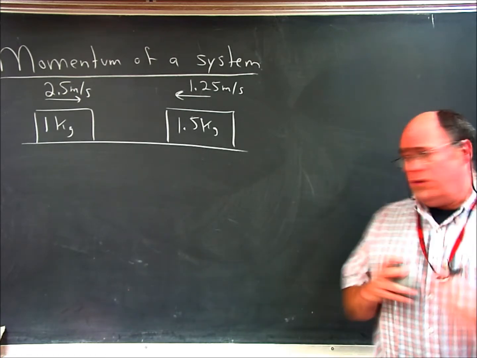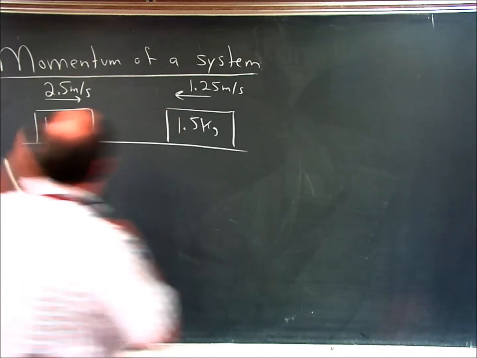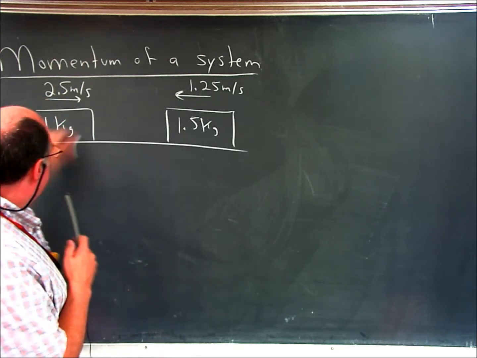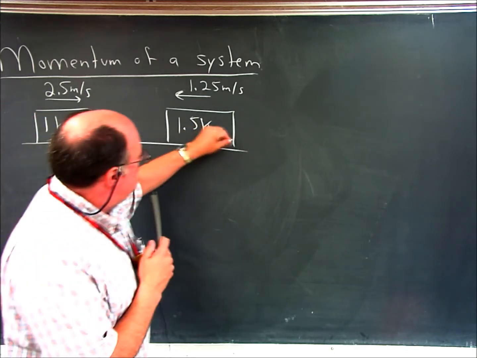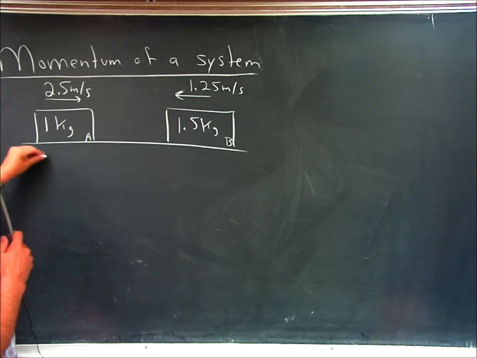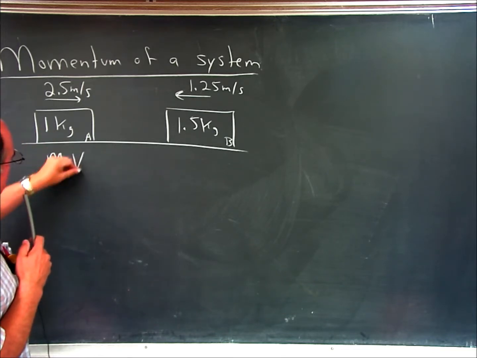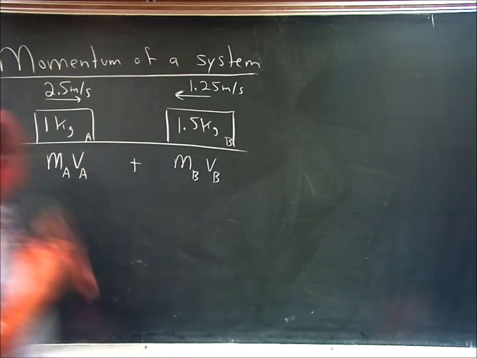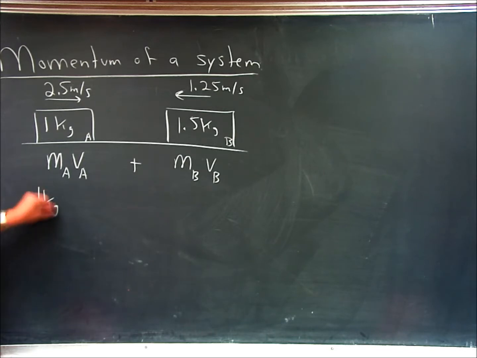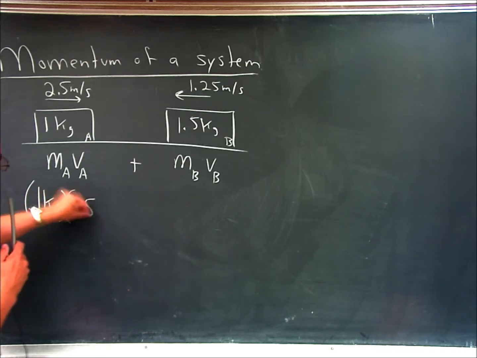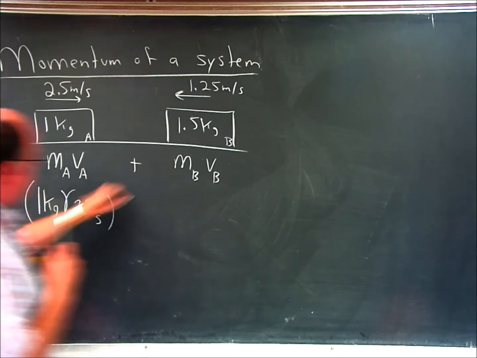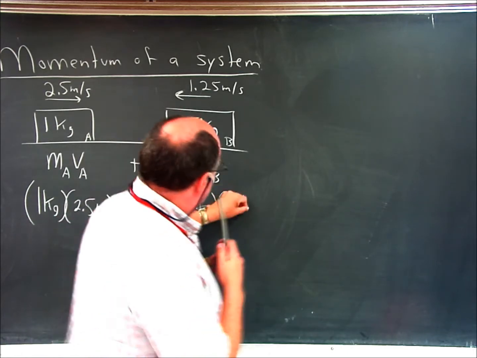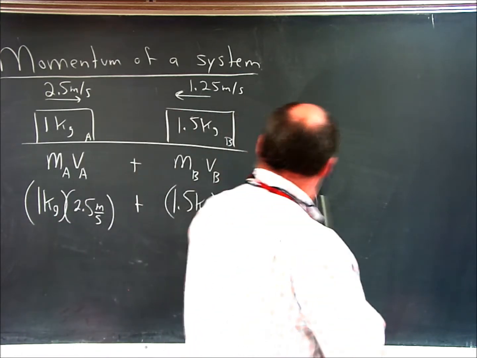So if I were to plug this in, the momentum of the total system would be... Sometimes I call these pieces subscript 1, subscript 2, or subscript A and B. So if I call this piece A and this piece B, the total momentum of the system is going to be m_A times velocity A plus m_B times velocity B. And this is going to be 1 kilogram times 2.5 meters per second plus 1.5 kilograms times a negative 1.25 meters per second.